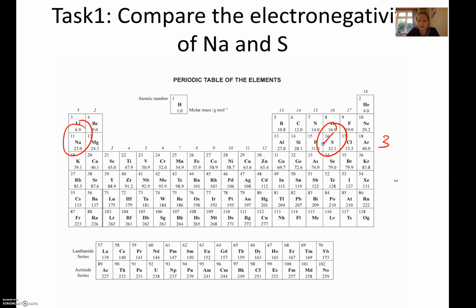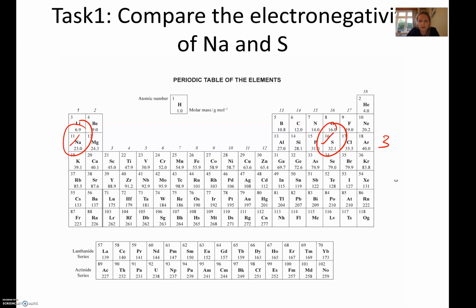Sulfur has 16 positive protons compared to sodium's 11, therefore sulfur has a greater nuclear charge. This means the electrostatic attraction between the bonded electrons and the nucleus will be greater, and therefore the electronegativity of sulfur will be greater than that of sodium.